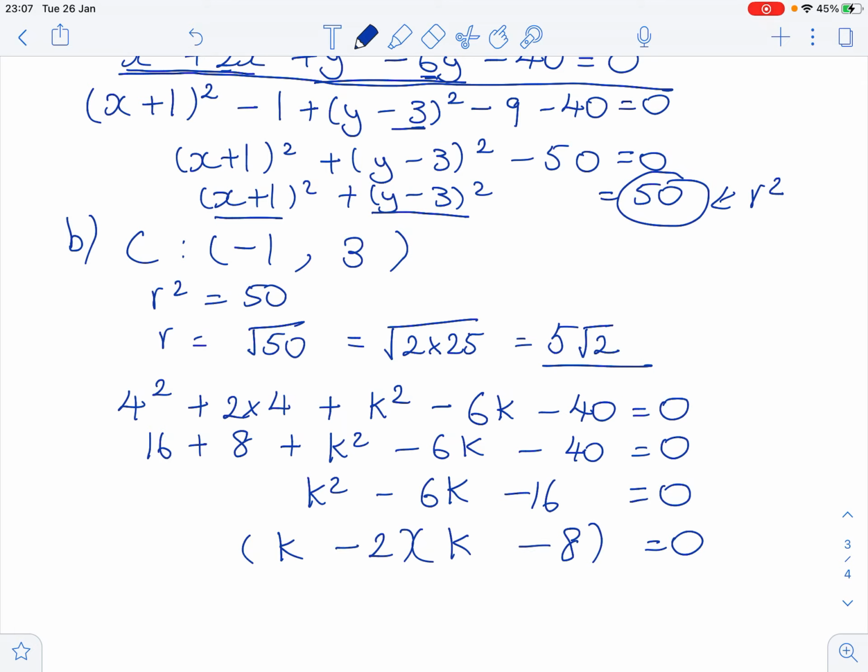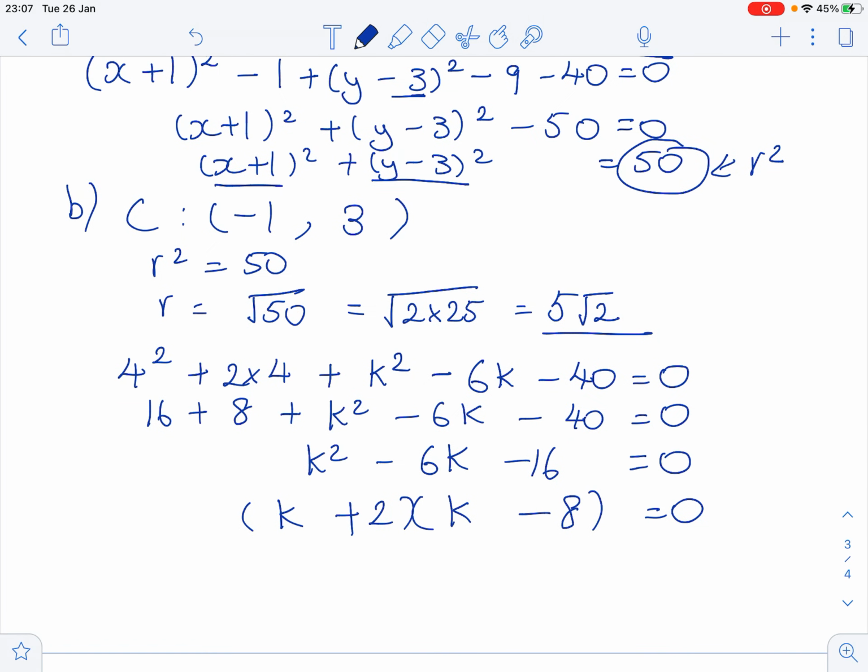So minus 8 plus 2. To find the values for k, we set each bracket to 0. So k plus 2 equals 0, or k minus 8 equals 0. Then k equals minus 2, or k equals 8. So here are your two solutions.